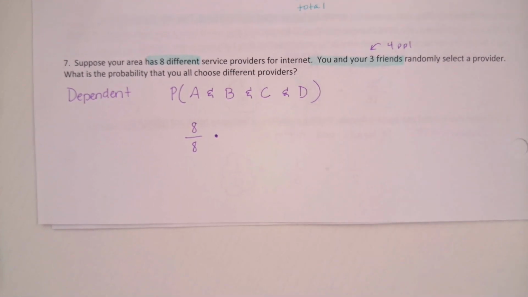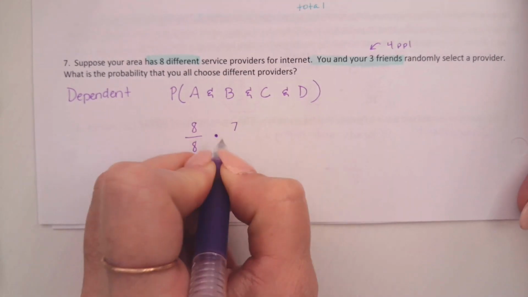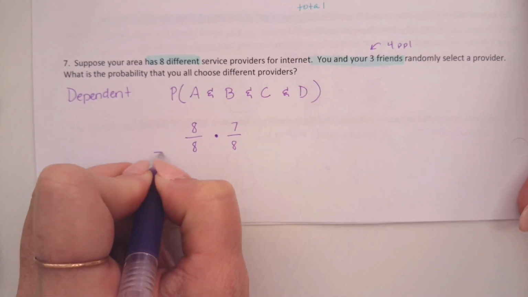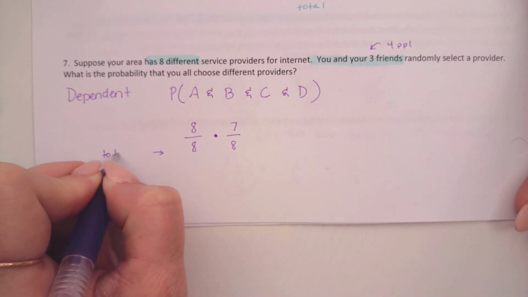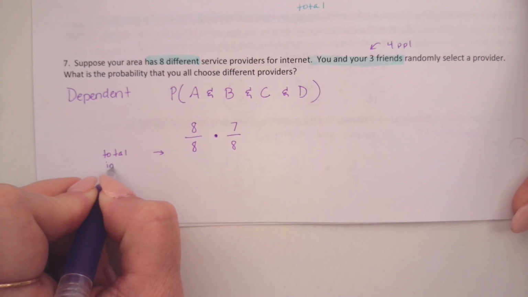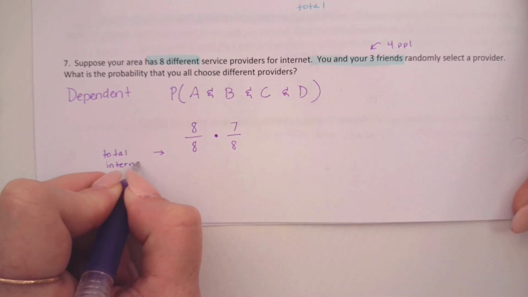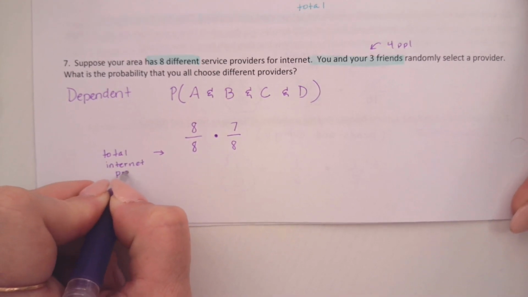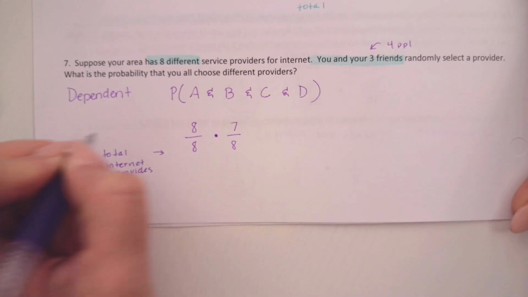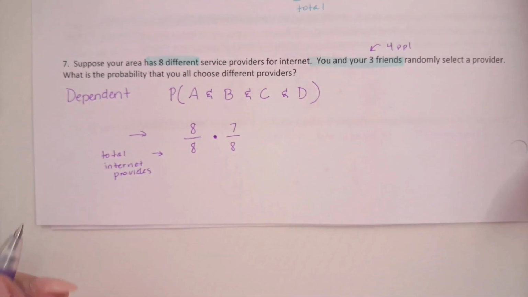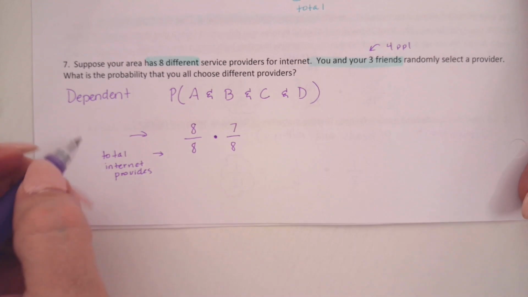If you do 7 out of 7, then you would have 1 times 1 times 1 times 1, which is definitely not a 100% chance. 7 out of 8 total. So here's just total providers. And then this would just be the number that you can choose from in order to get a different one.